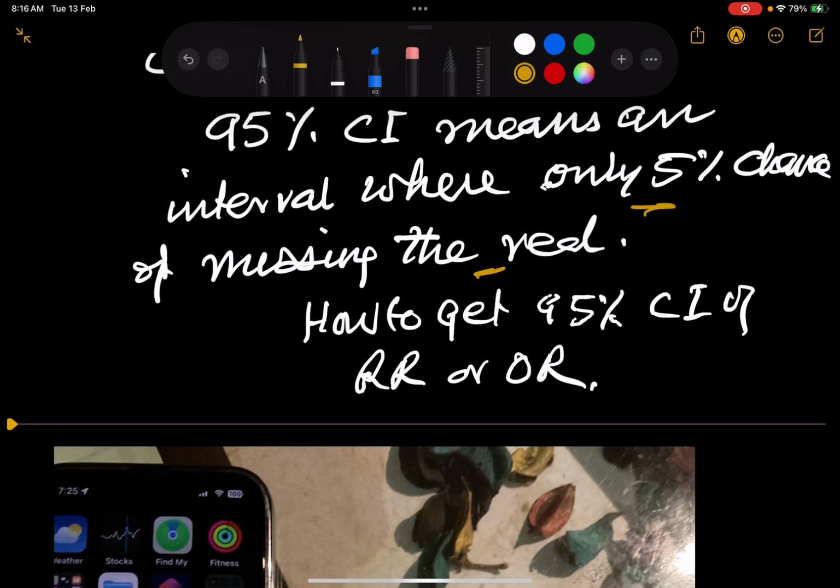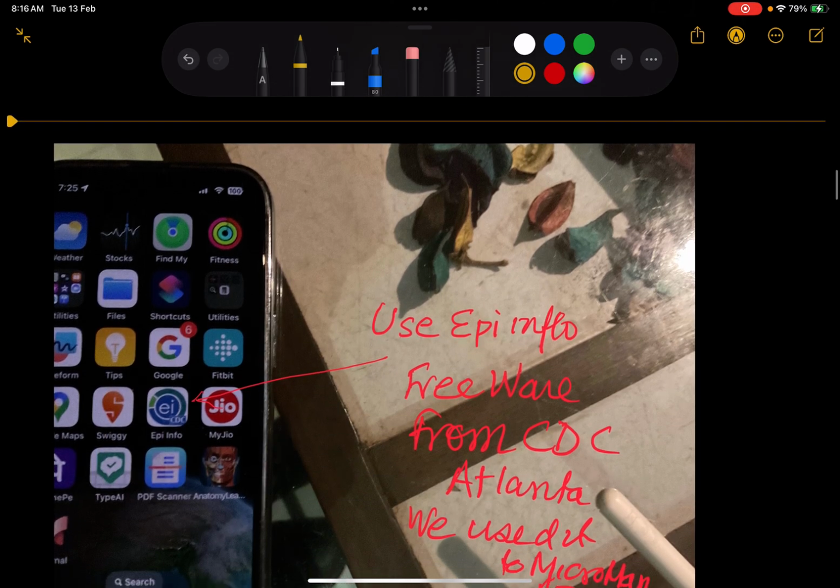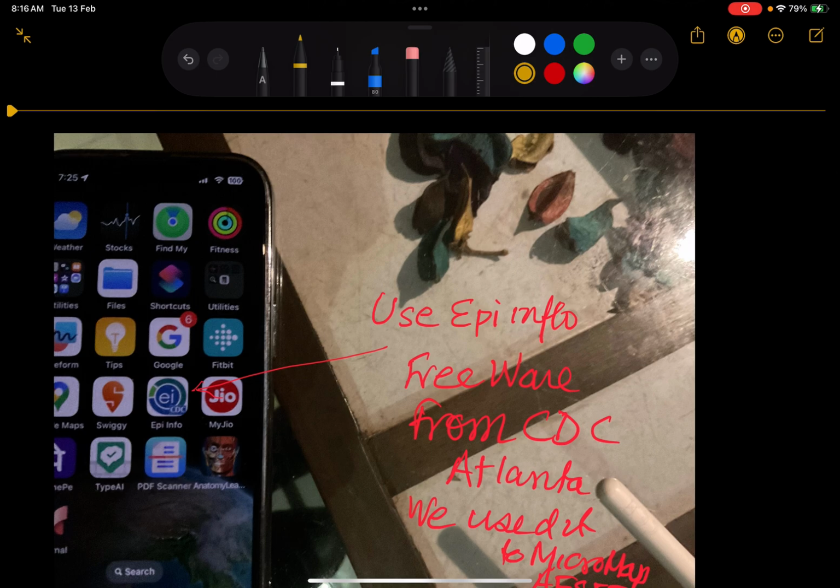So how to get this 95% confidence interval of relative risk, or OR? Download this EpiInfo software on your mobiles, which is from CDC Atlanta.